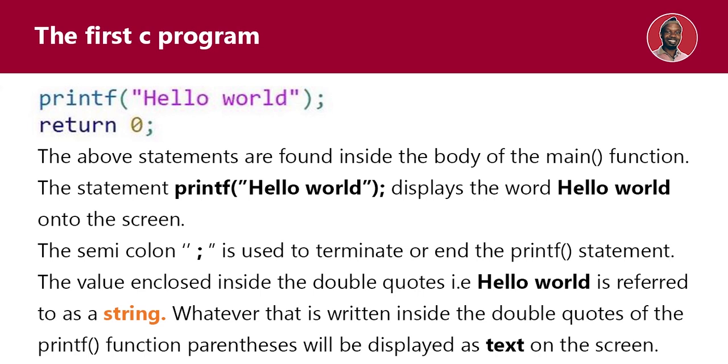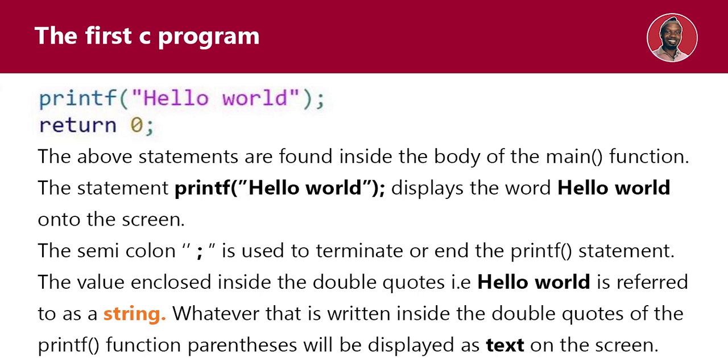The statement printf, open and close off the parentheses. Inside the parentheses, we have double quotes, and inside the double quotes, we have the word hello world, semicolon. That statement displays the word hello world onto the screen as I previously talked about. The semicolon is used to terminate or end the print statement.